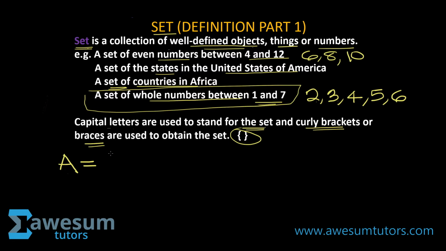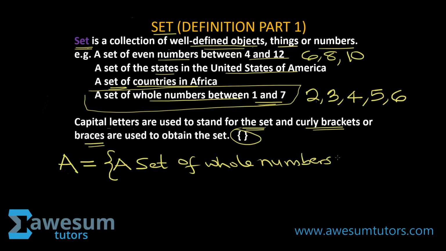I can say A, and then I can have my curly bracket, and I will say a set of all numbers between 1 and 7, and then I can close it with the curly bracket, or you call it a brace. So capital A is your set.